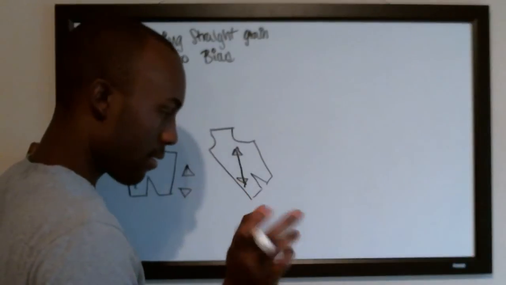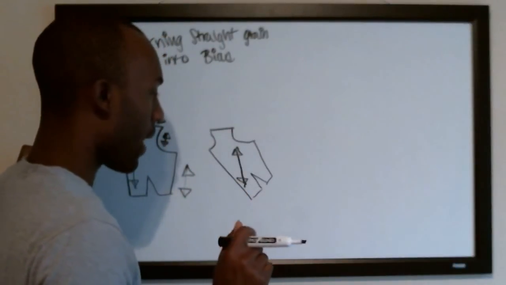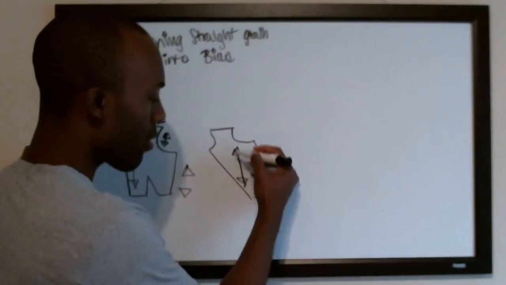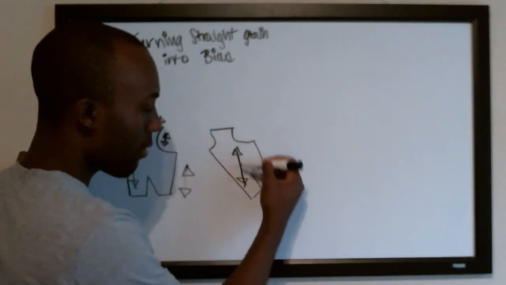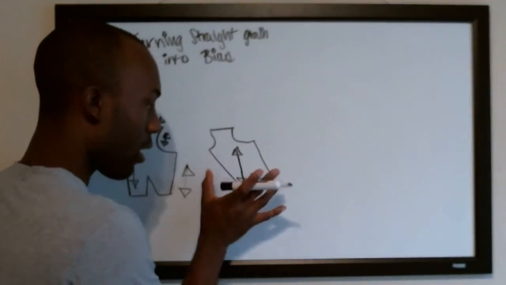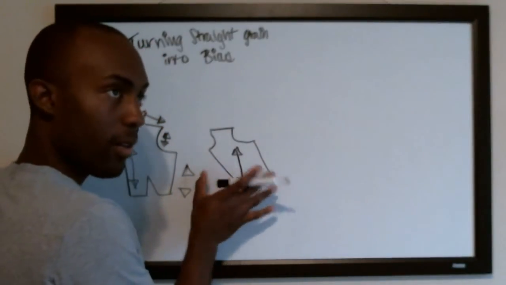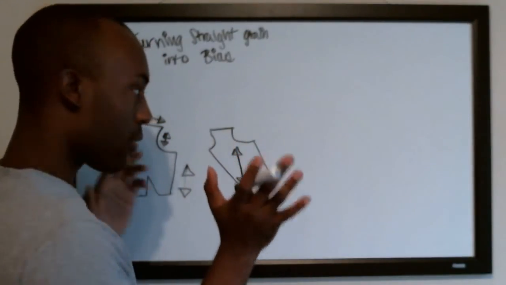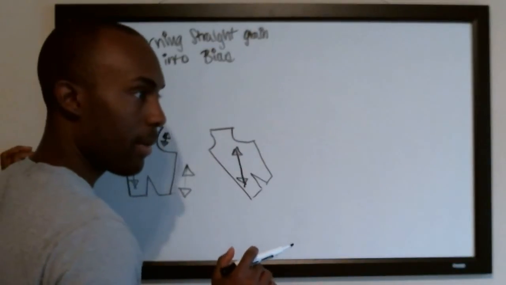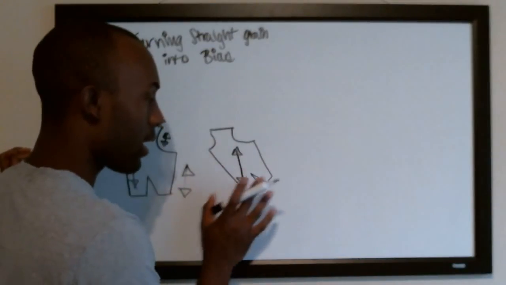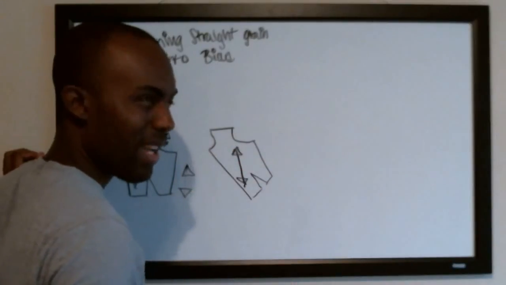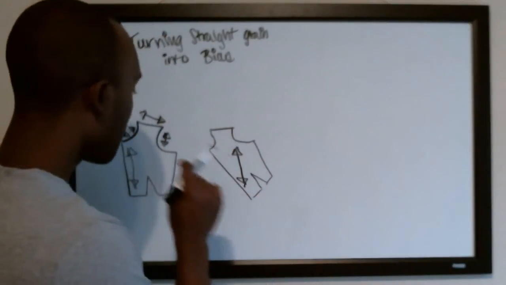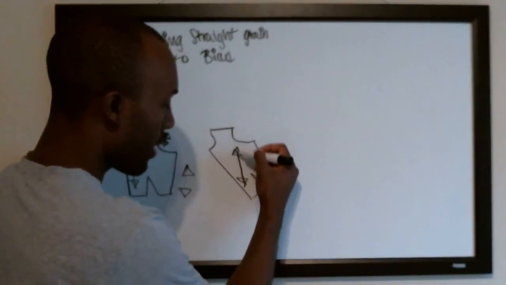Something that I've learned from working with the bias: what you're drawing on here, let me say this little note, is the direction that the straight grain is going to go. The pattern itself is what is going to change, and you're going to cut it in relation to the straight grain. So this basically is still the straight grain.